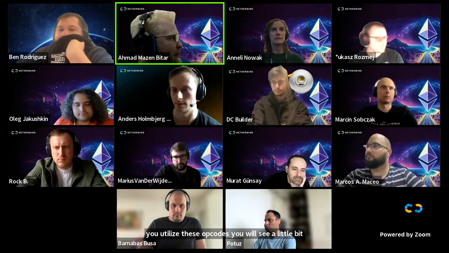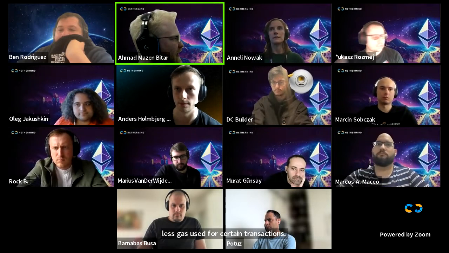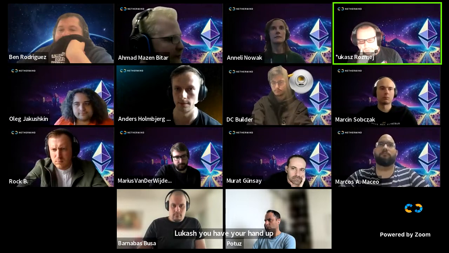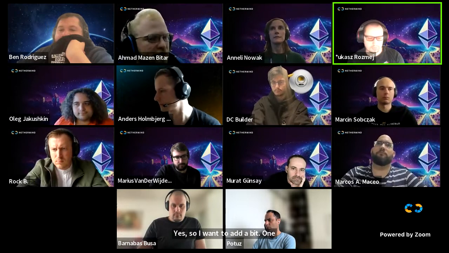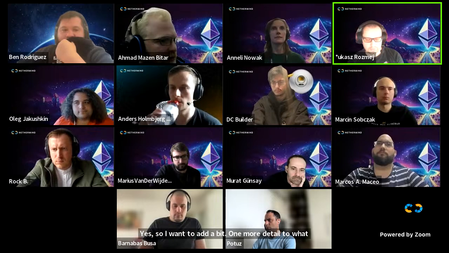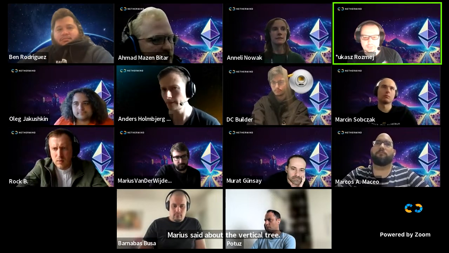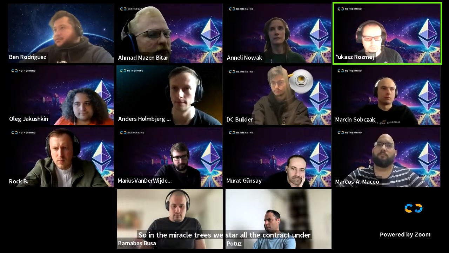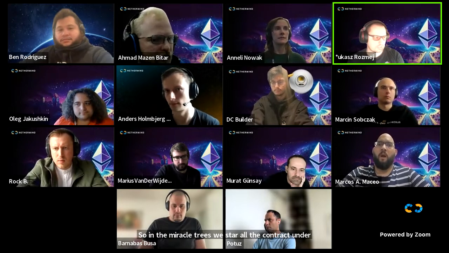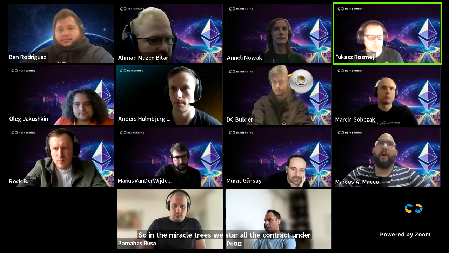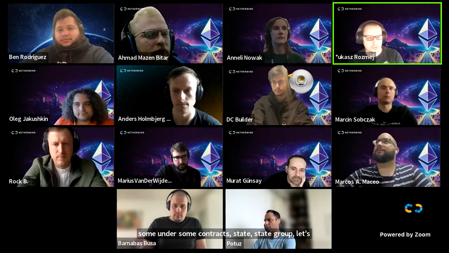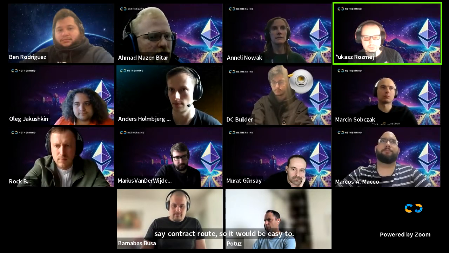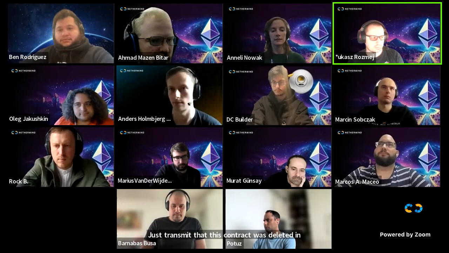Lukasz, you have your hand up? Yes, so I want to add one more detail to what Marius said about the Verkle trees. So in the Verkle trees, we store all the contract under some contract state root, let's say contract root. So it would be easy to just transmit that this contract was deleted in the witness for the block.